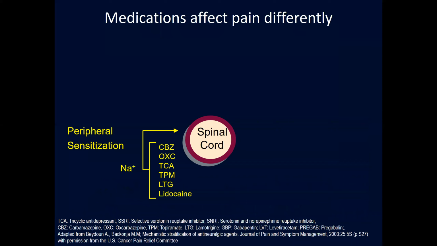If you group medications into three categories, we can actually look at three different ways that medications affect pain. So drugs that modulate peripheral sensitization by way of their effects on the sodium channels listed here. So things like carbamazepine, oxcarbazepine, the TCAs.